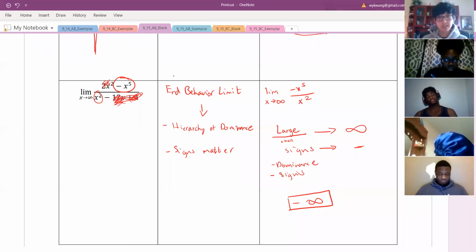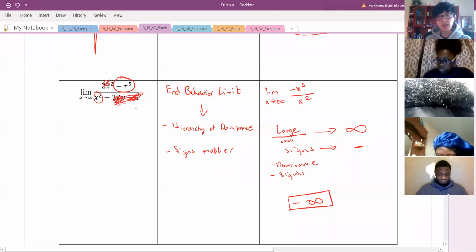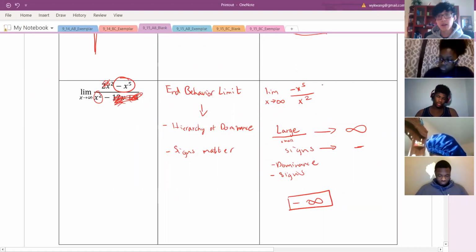I'm going to give 15 seconds for people to copy this down. And just try to really understand what we're looking at when we're going to infinity. Again, we're paying attention to the dominant terms. Also, for negative infinity, this is a really minor thing, but remember how we did negative infinity? If negative infinity is raised to the fifth power, it's going to be negative, right?